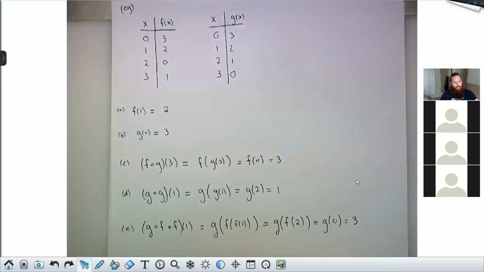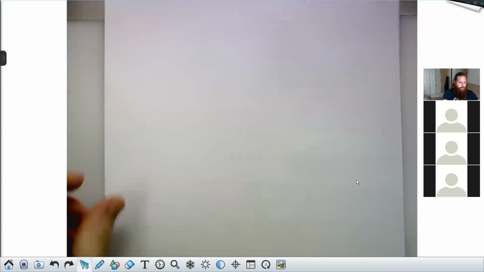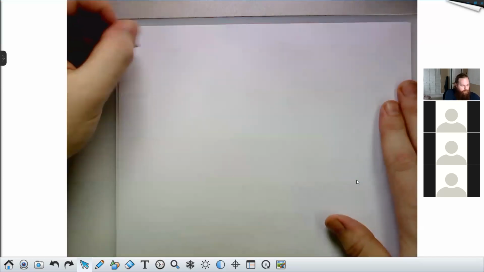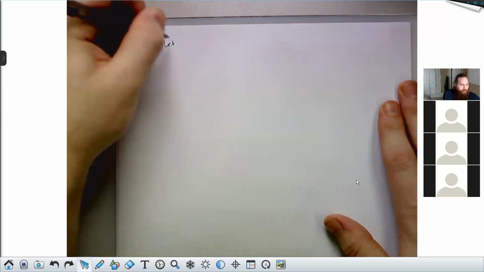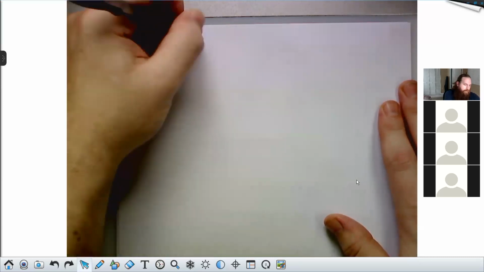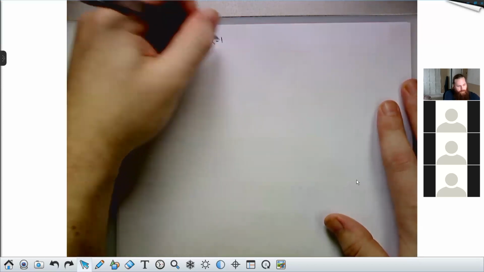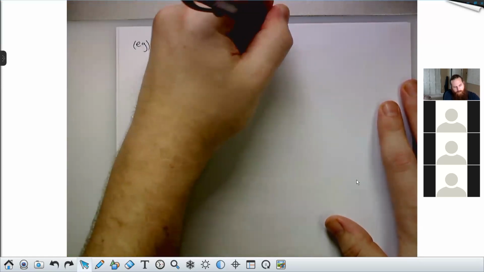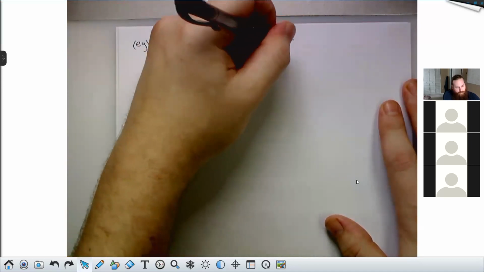Okay. Then I want to start looking at some of these domain problems, and we'll start gently, combinations with domains, and we'll ratchet it up as we go. So for this next one, you have several problems like this in your homework. I'm going to let f of x be, how about just x minus 1? And g of x will be x over x plus 3.